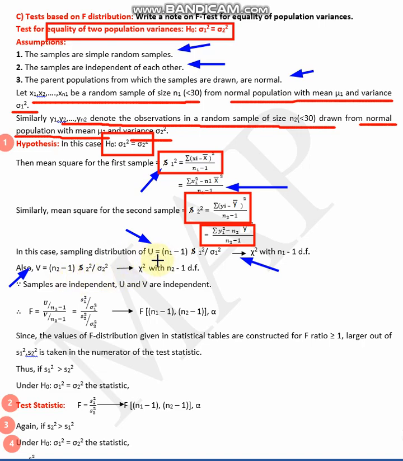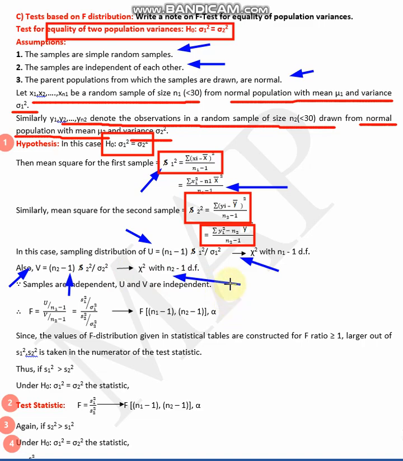What is my u? U is n1 minus 1 s1 square divided by sigma 1 square, and that follows chi-square with n1 minus 1 degrees of freedom. There is one more sample, which I am representing by y. The variable I am taking for this is v. What is this v? V is n2 minus 1 s2 square divided by sigma 2 square, and this follows a chi-square variate with n2 minus 1 degrees of freedom.